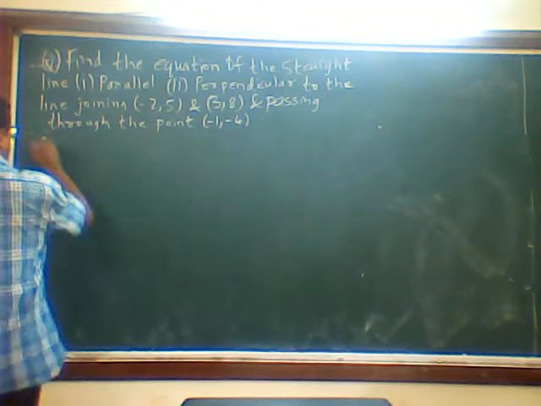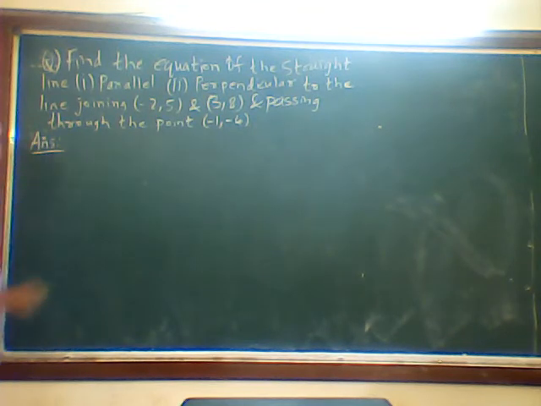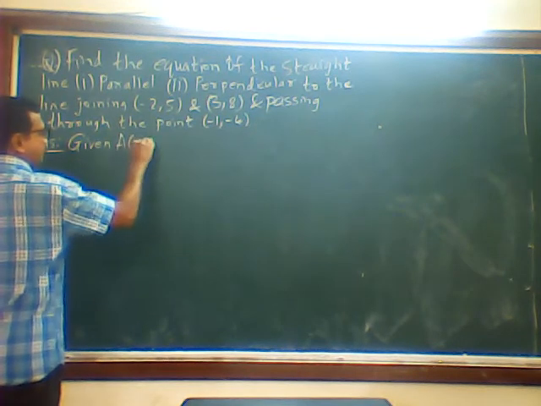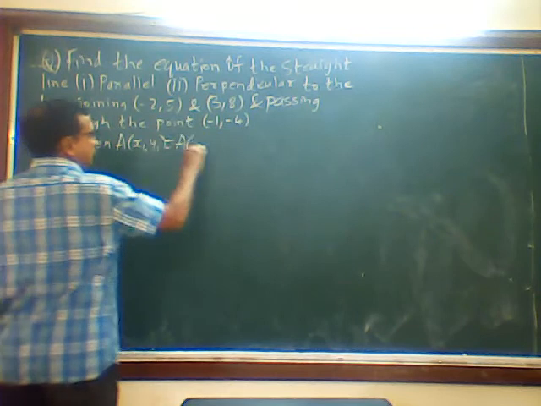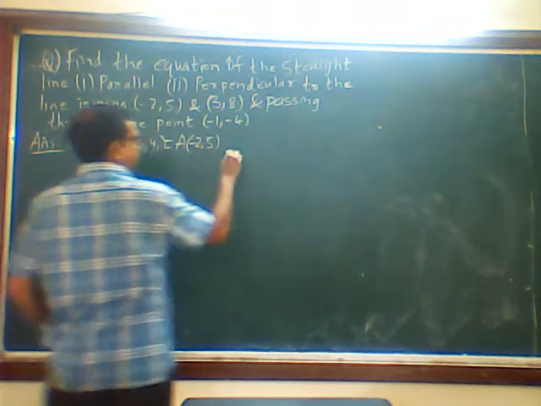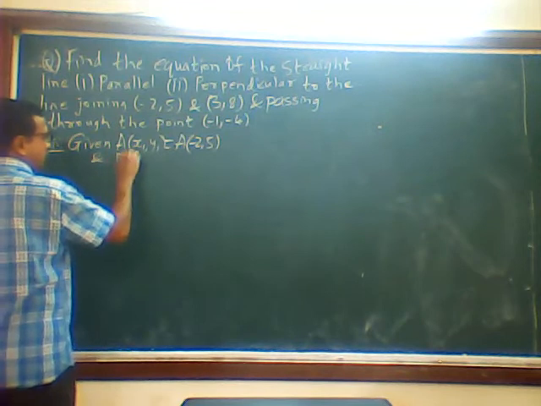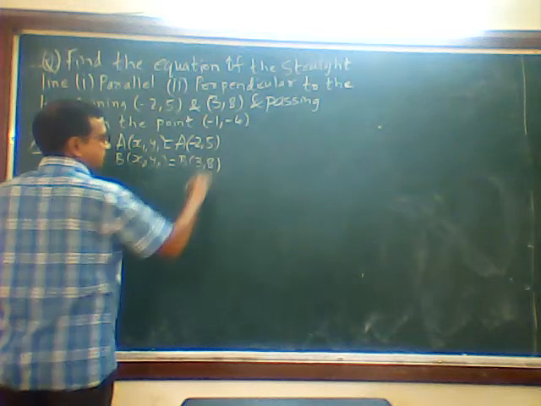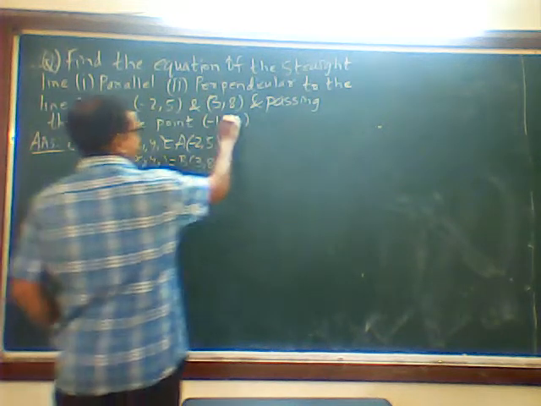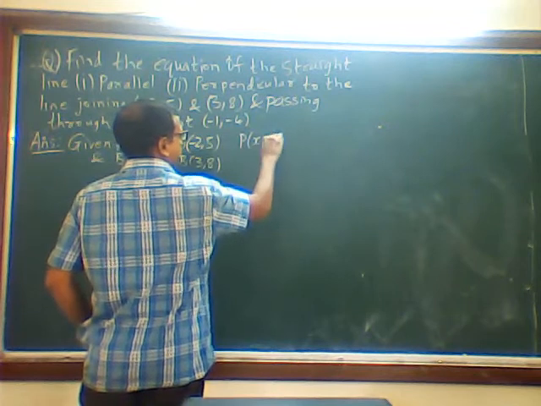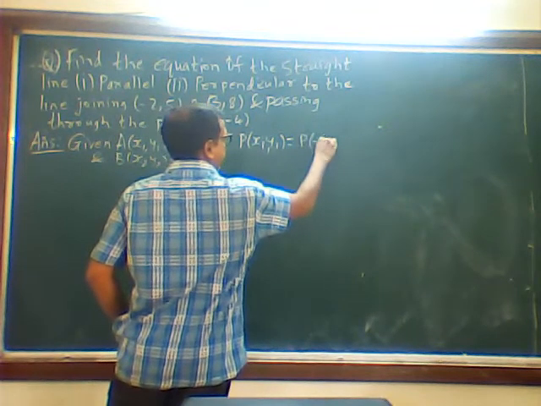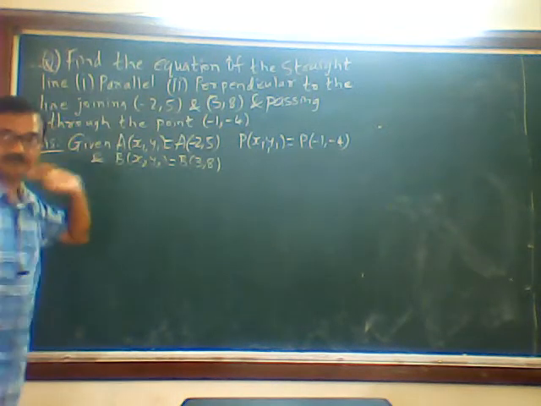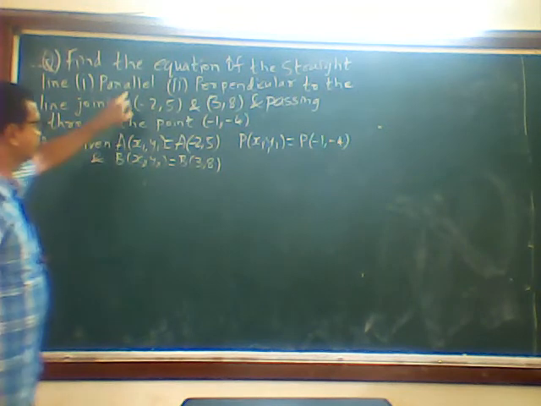So A of x1, y1 is A of -2, 5, B of x2, y2 is 3, 8, and the point P of x1, y1 is P of -1, -4. Don't get confused with this x1, y1, because here it is P, and there it is A. Got it? Now I come to the first question.